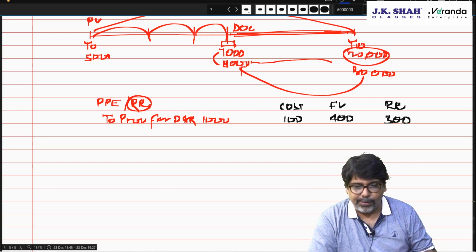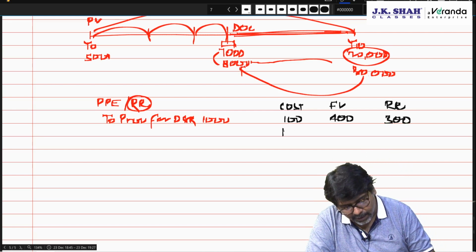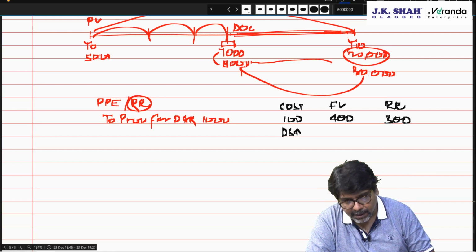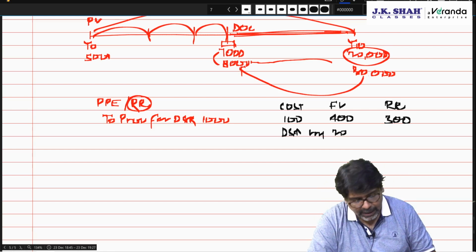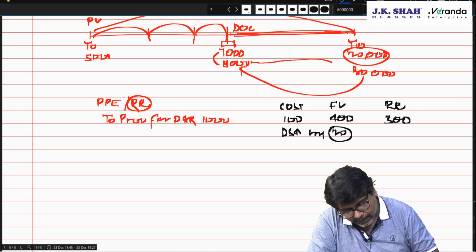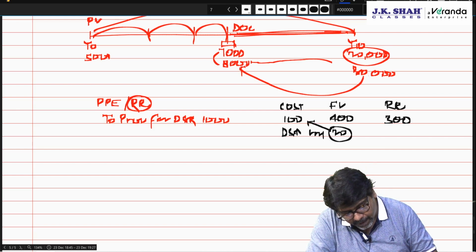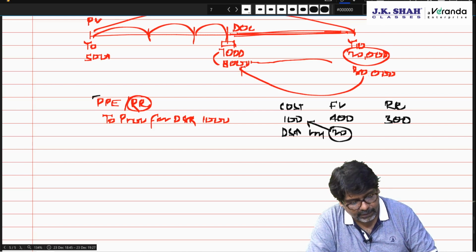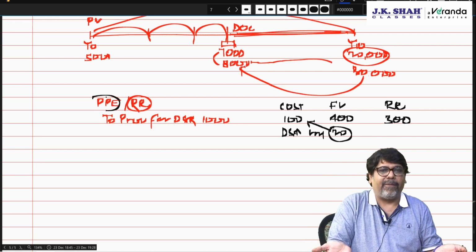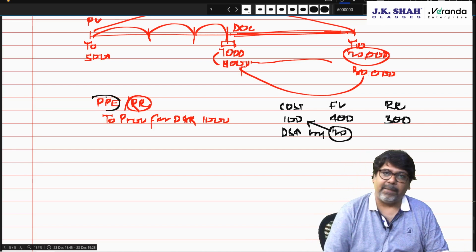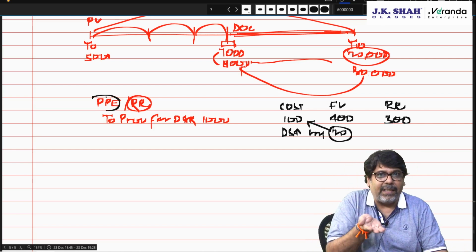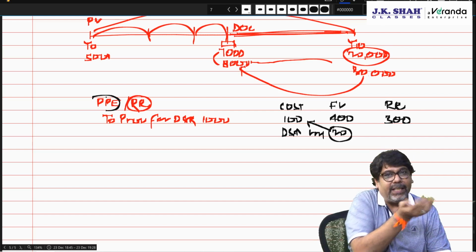Now due to DSR, provision for DSR increased by 20 rupees. If this increased by 20 rupees, cost increased, because we said if DSR is a part of cost, so if DSR increases, cost of PPE will also increase.